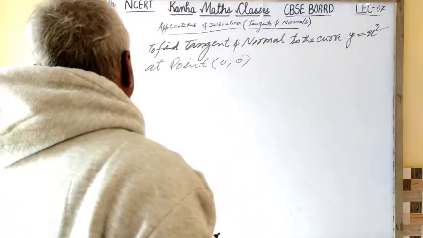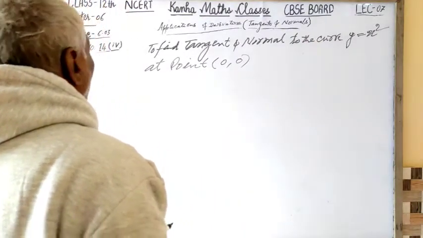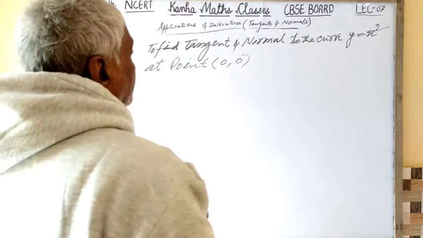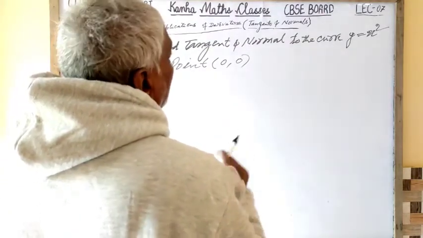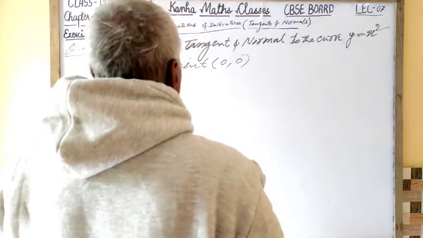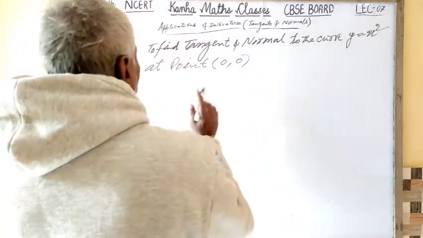In question number 14 part 4th, you have to find the equation of tangent and normal to the curve y is equal to x square at point (0, 0).